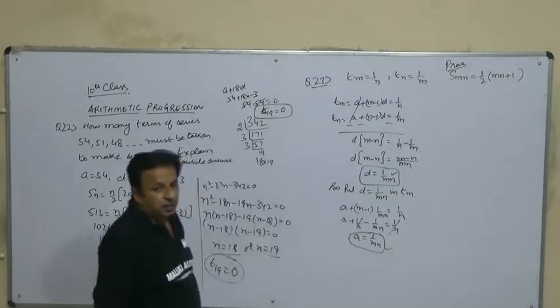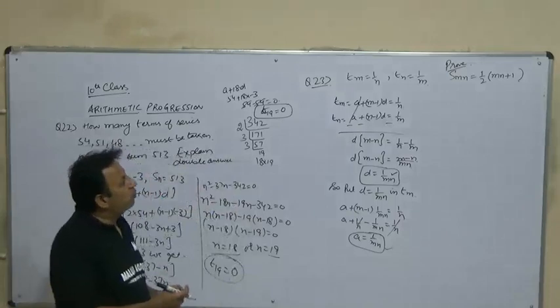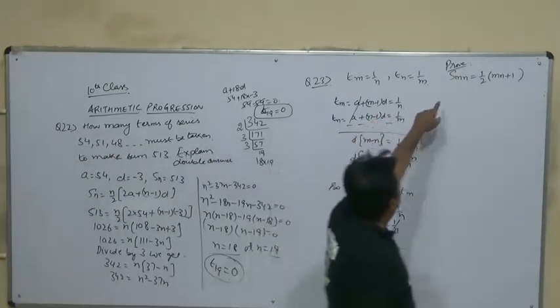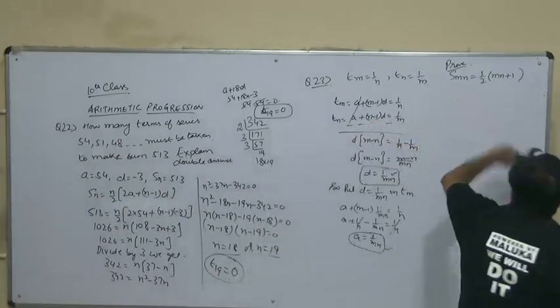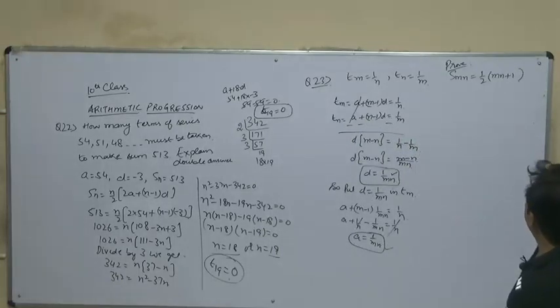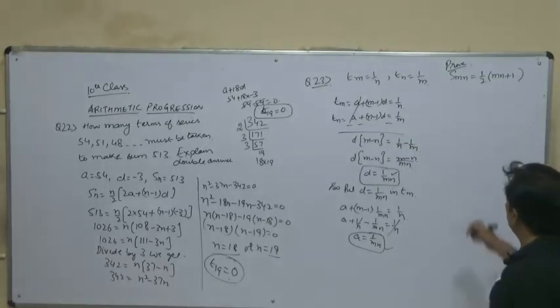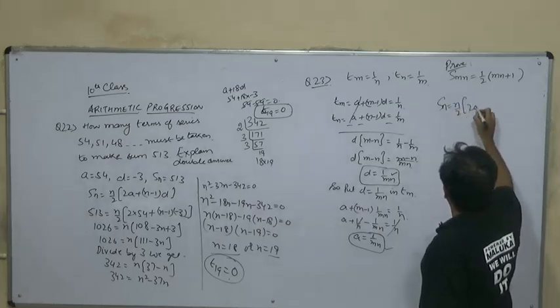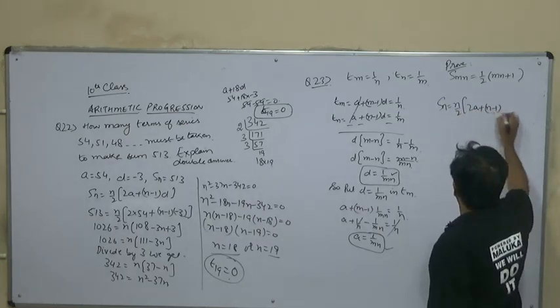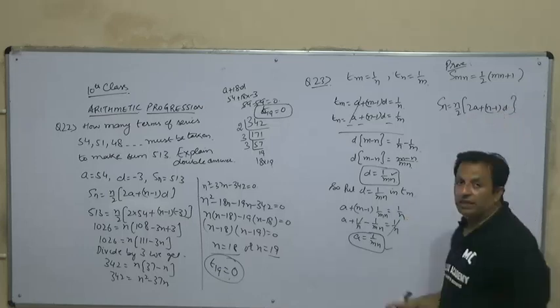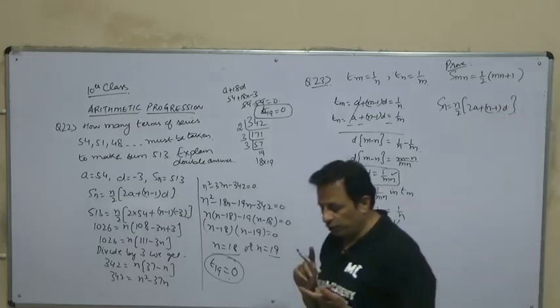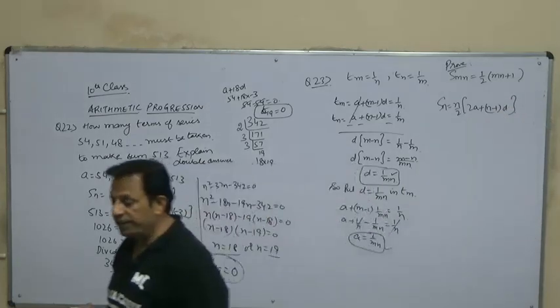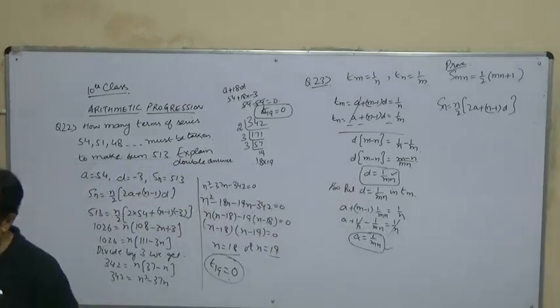Now what else we want to do, that we want to prove that sum of mn terms is equal to half mn plus 1. So just use the formula, Sn is equal to n by 2, 2a plus n minus 1 into d. So here we know all the values. We know the value of a, we know the value of d, and we know the value of n.